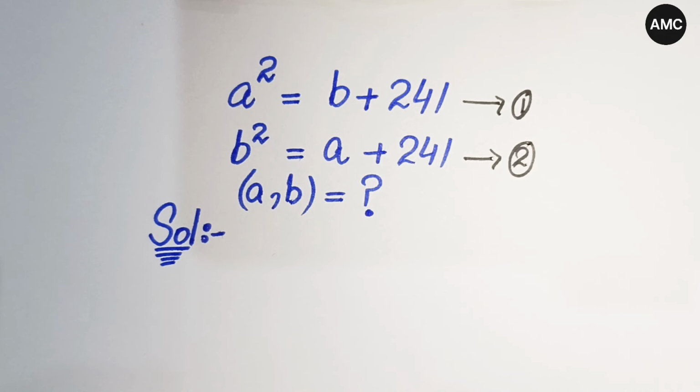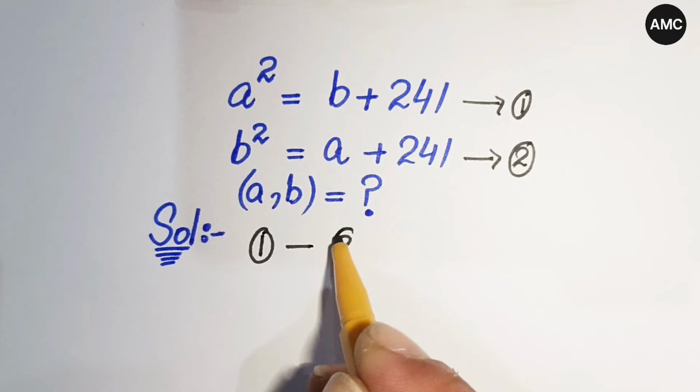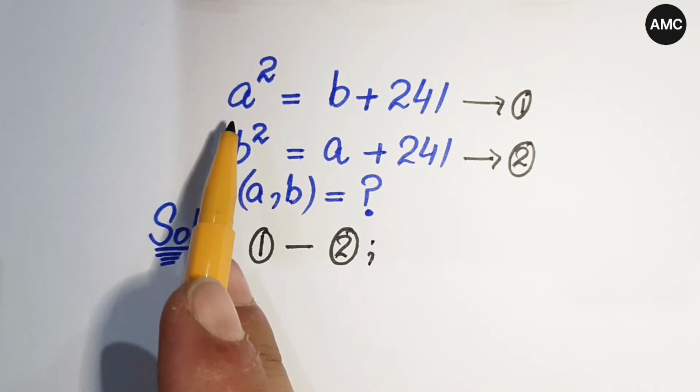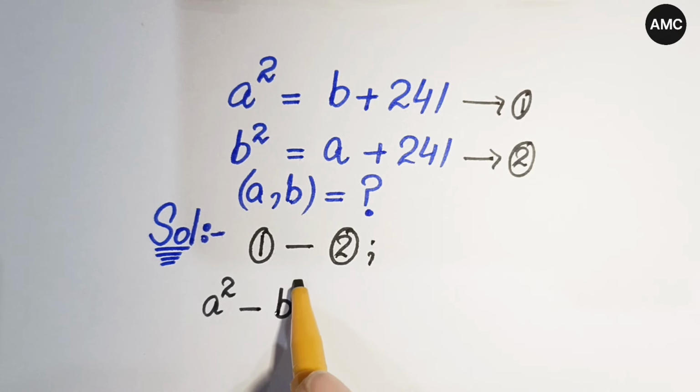Now if we subtract equation 1 and 2, we will get the left hand side of equation 1, which is a squared, subtracting the left hand side of equation 2, which is b squared.